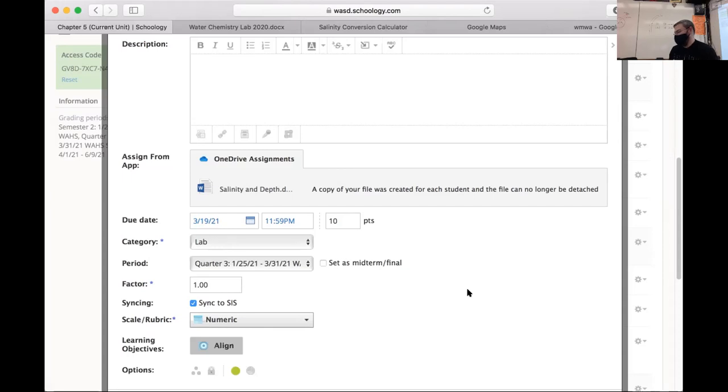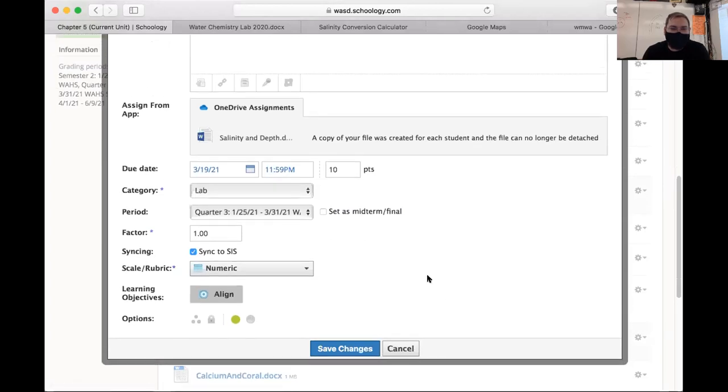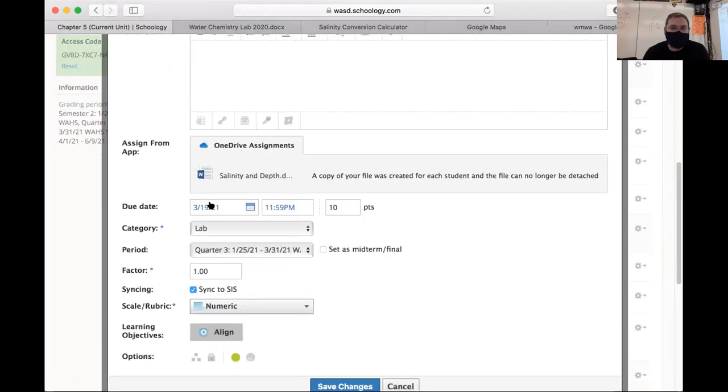I can see through OneDrive whether a student opened it, because it creates a file and shows that you opened it and started creating a file. It says today 10:26, which was 24 minutes ago. And this is all set up correctly because it has to be a doc. I have a valid date. It's a lab. This is the valid marking period. That's checked.